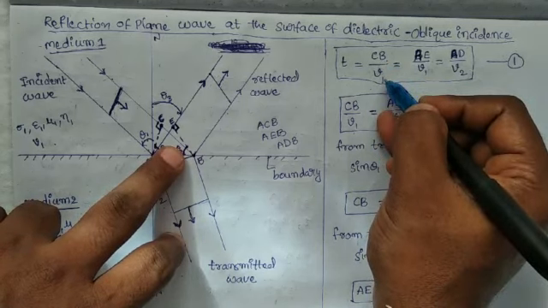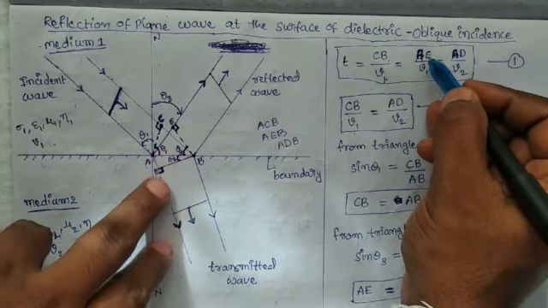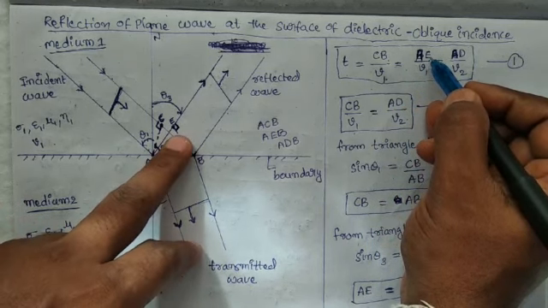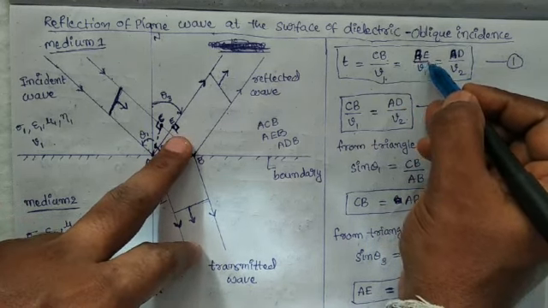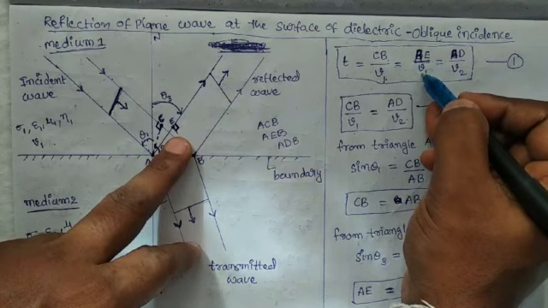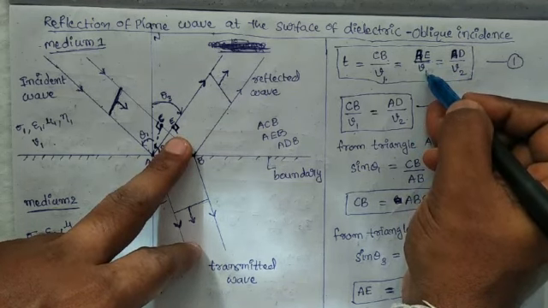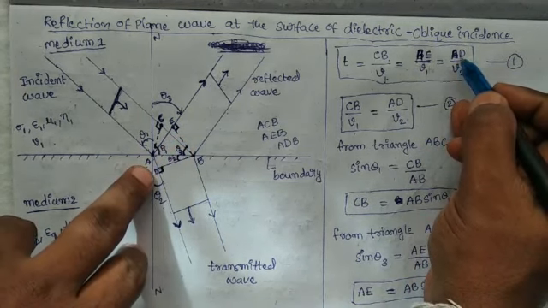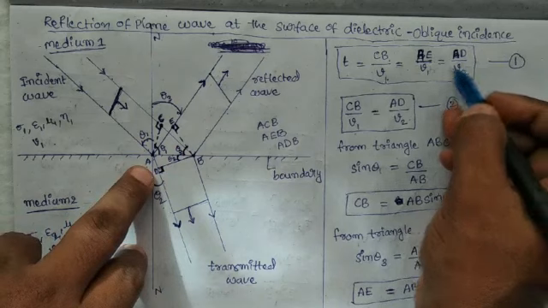CB by v1 is equal to AE, the distance traveled by the reflected wave, by the velocity v1, which is equal to the distance traveled by the transmitted wave by v2.